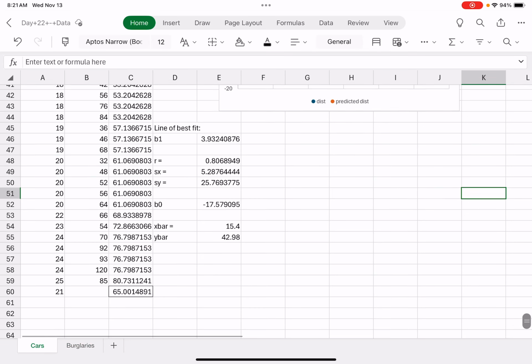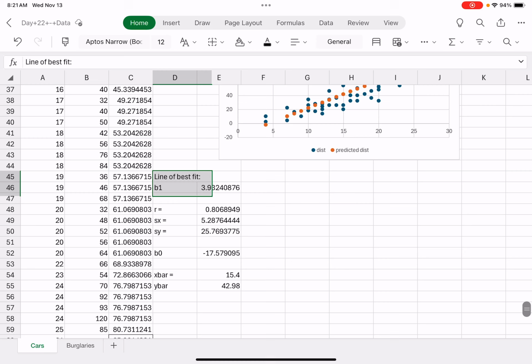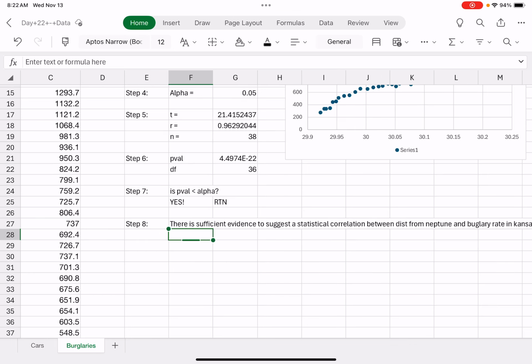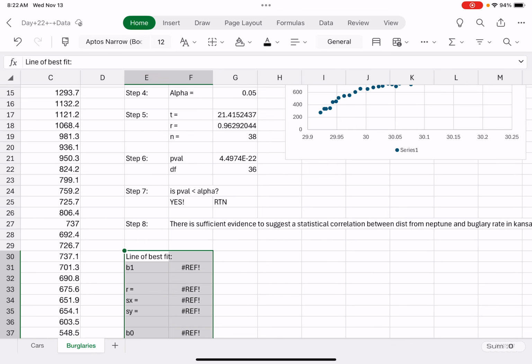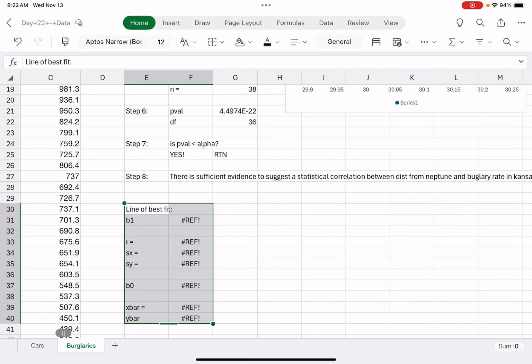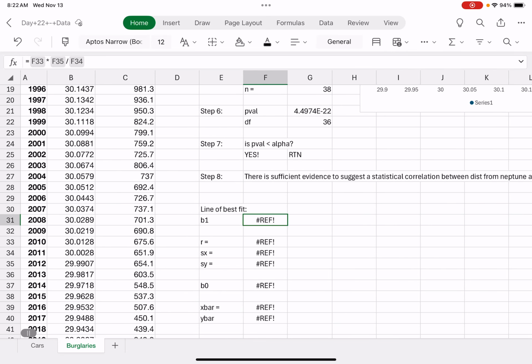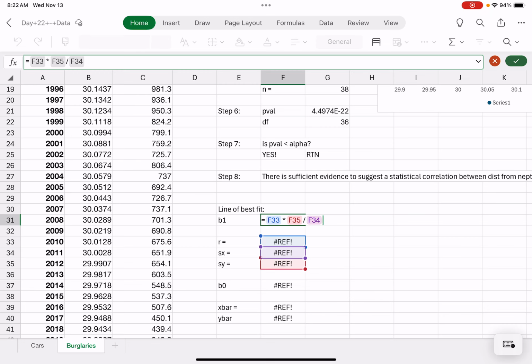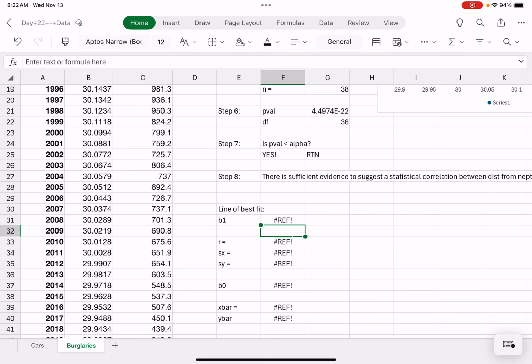Okay. All right, let's see what I can copy and paste from my previous slide. Copy that. Command C. Come back over here. Command V. All right. So let's see what we have. So that all looks good for B1.